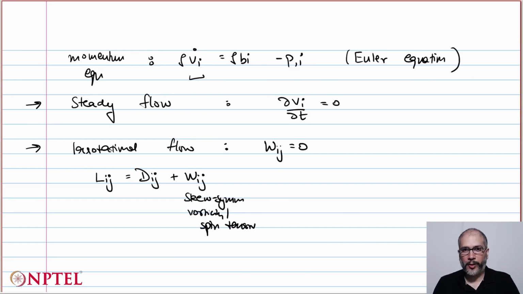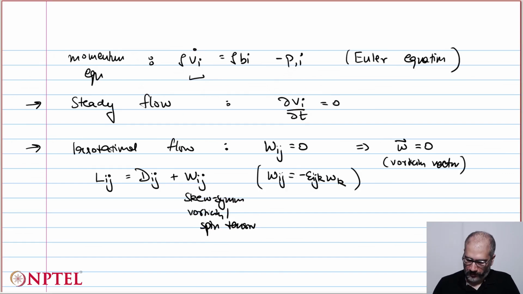And since W has 3 independent components, and we mentioned that we can define a vorticity vector omega associated with that, this omega also is 0 in this case. So I can say that the vorticity vector omega is also 0. And we'd also shown that our omega vector is half of the curl of the velocity field that we had shown in kinematics.